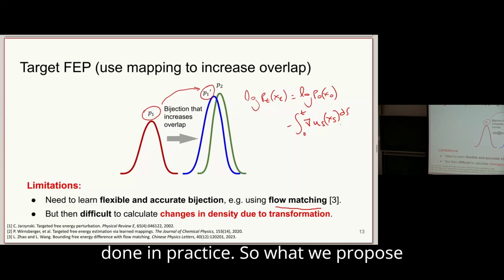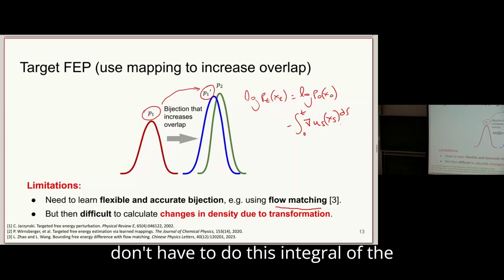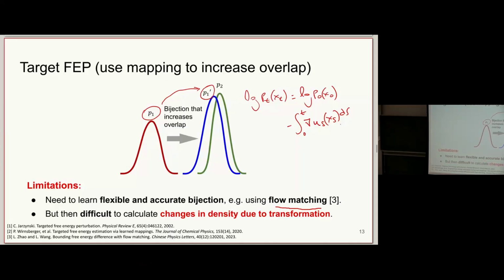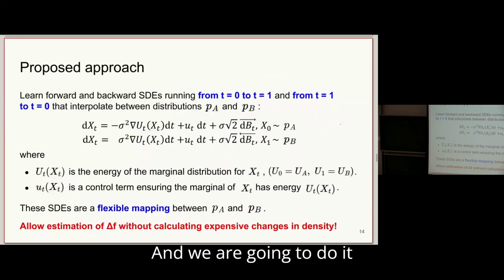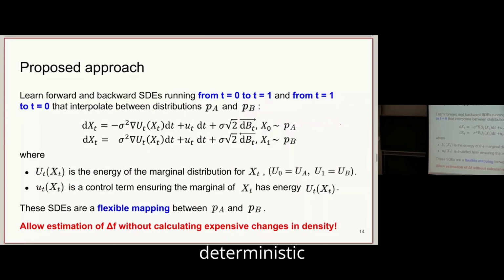So what we propose here is a different way where you don't have to do this integral of the divergence that is expensive. Okay? And we are going to do it by doing the mapping, not with this deterministic normalizing flow.